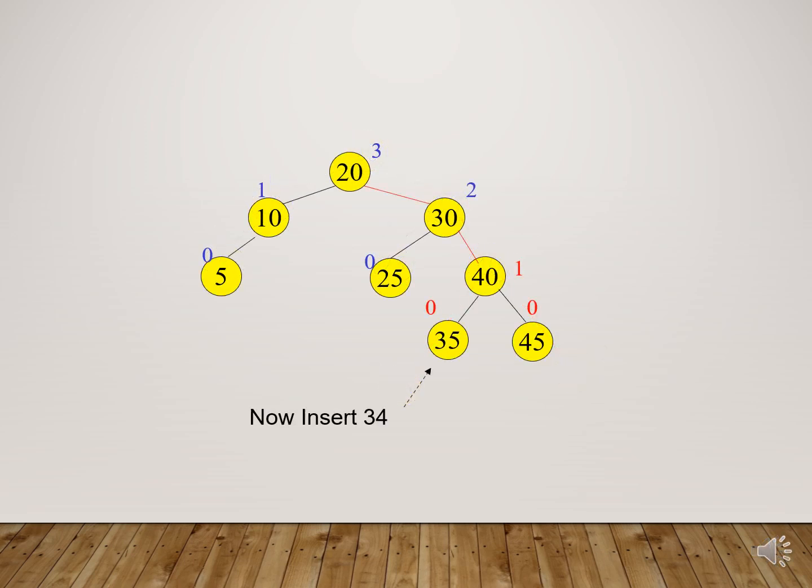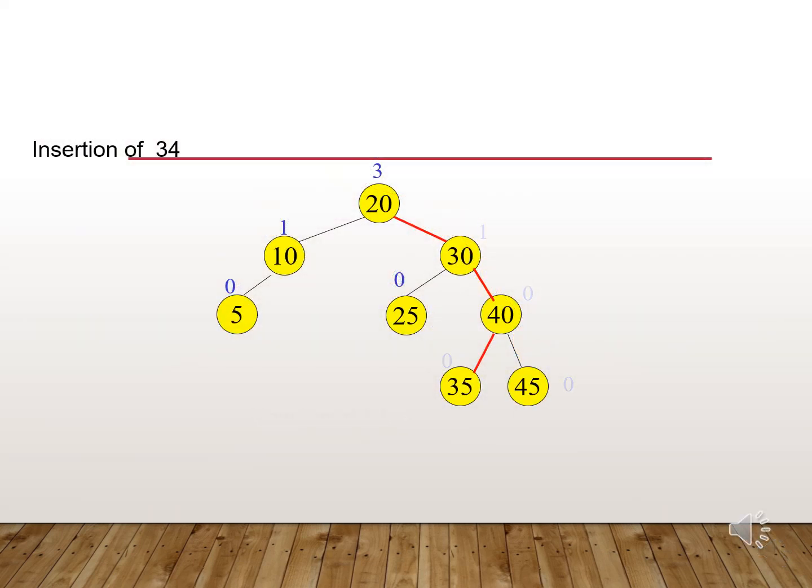Now we'll insert 34 into this balanced AVL tree. After inserting 34 into the tree, we observe that an imbalance has been created at the node 30, which raises the need for a double rotation.